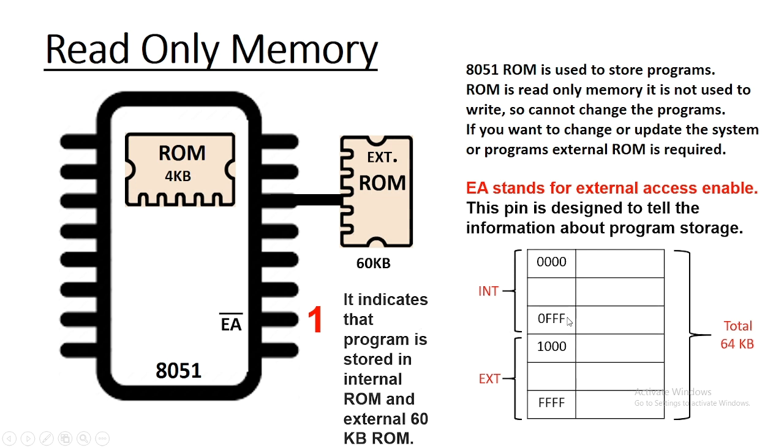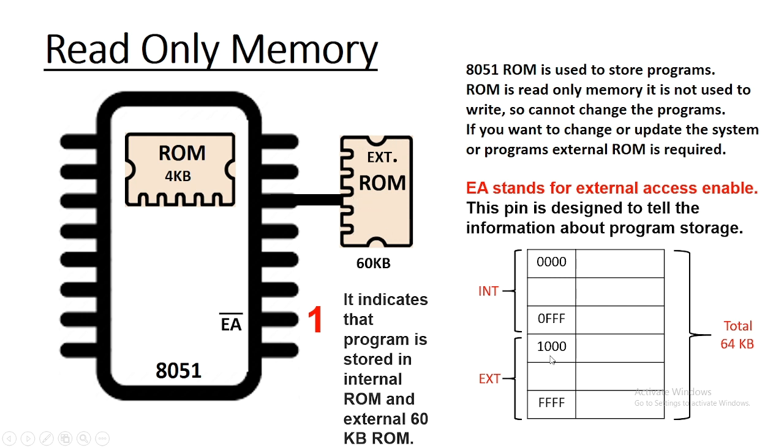Here you can see the size of the internal as well as external ROM. Suppose you are using only internal ROM, the range of the internal ROM is 0000 to 0FFF. And if you want to use external ROM, suppose the address goes beyond the maximum address of the internal ROM, automatically the programs are fetched from the external ROM.